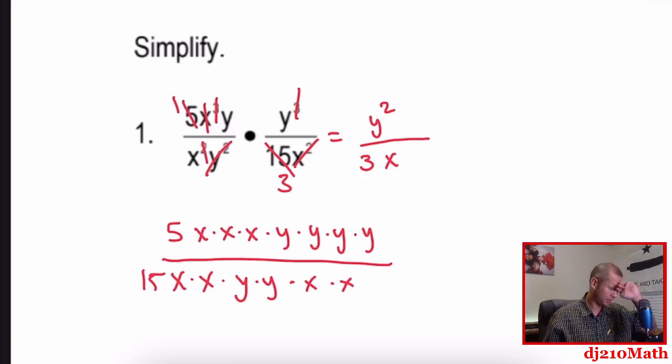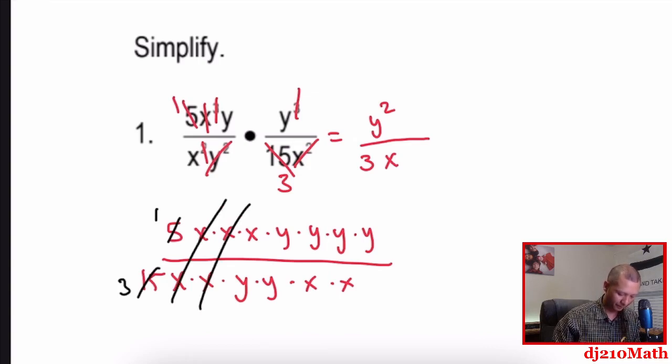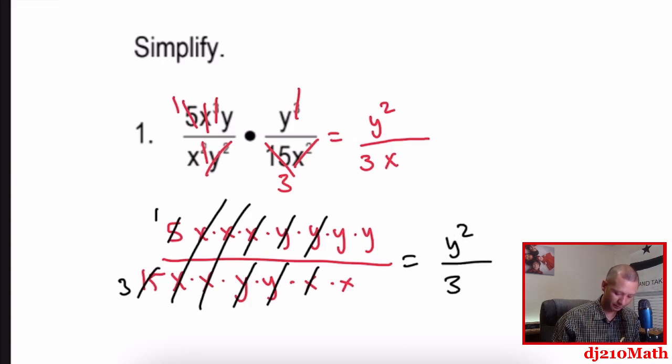So if you think of it like this, you just expand everything out before you cancel anything. And then here you see that, okay, multiples of 5, right? So 5 goes into 5 once, 5 goes into 15 3 times, and then you just start doing a 1-for-1 kind of cancellation, right? So then when you tally it all back up top you have just 2y, so y squared, and then in the bottom 3x.